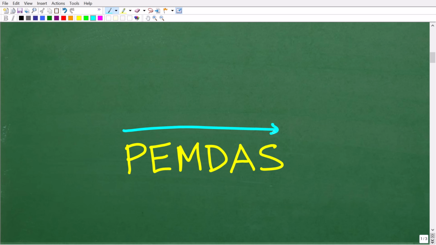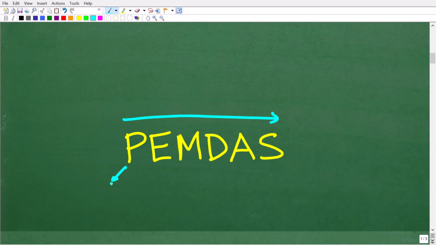Before I tell you what these letters stand for, I'm going to give you a little memory aid, and that is please excuse my dear Aunt Sally. One more time, please excuse my dear Aunt Sally. That phrase has been around forever, and hopefully you will never forget PEMDAS. Once again, this is a checklist that goes from left to right, and we're going to be using this checklist to determine what steps to take in our problem.